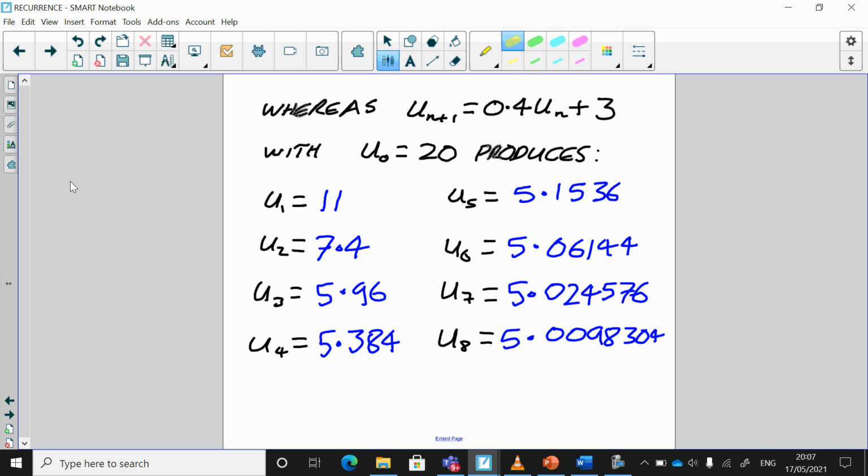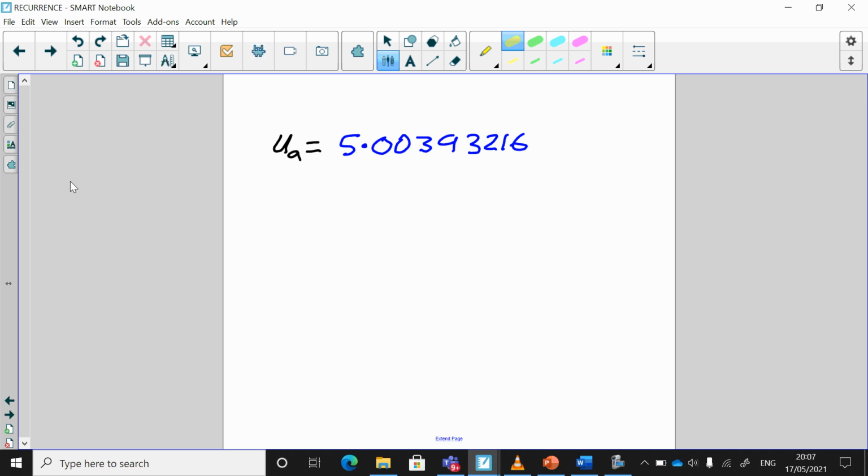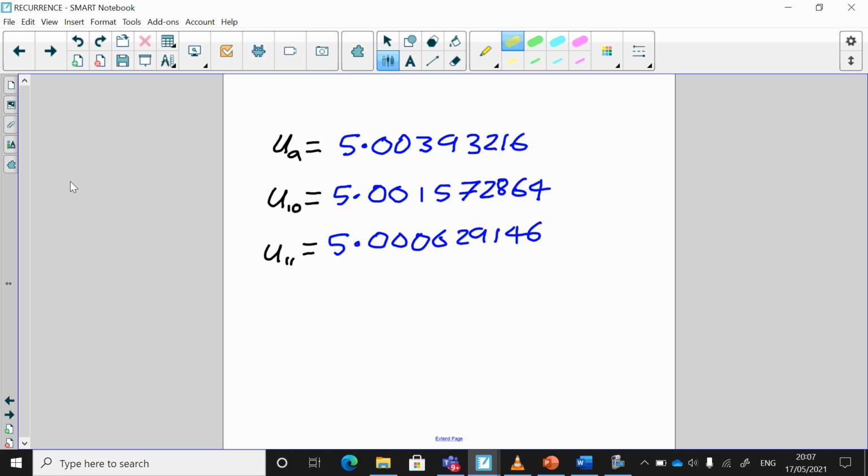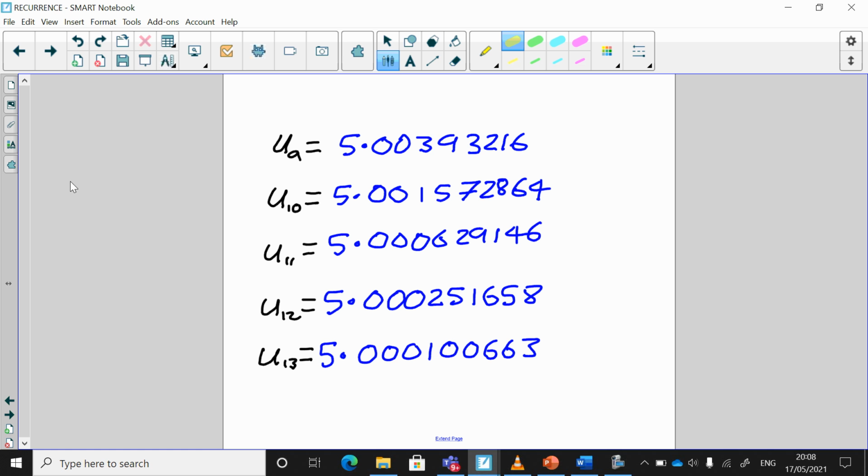If not, I'm going to show you some more values. There's the 9th one, 10th, 11th. Have we noticed anything here? 12th, 13th. Don't stop there, that's unlucky for some. 14th. I think I'll stop there. I'm running out of electronic ink. What do you think's happening here?